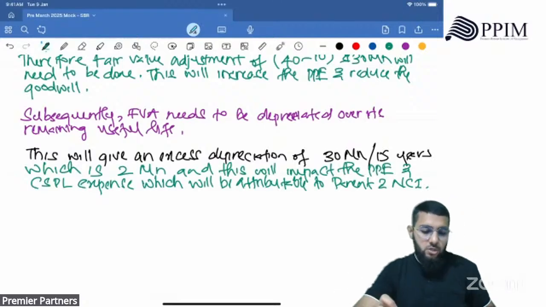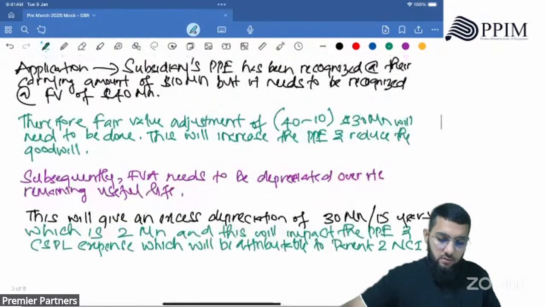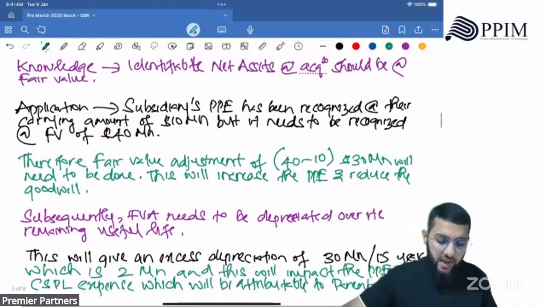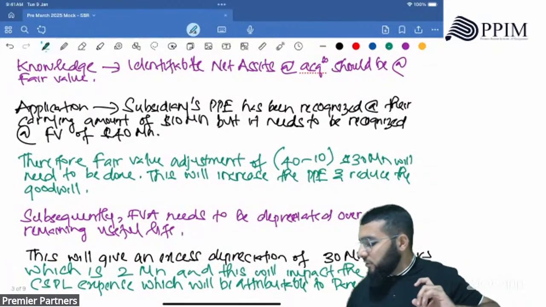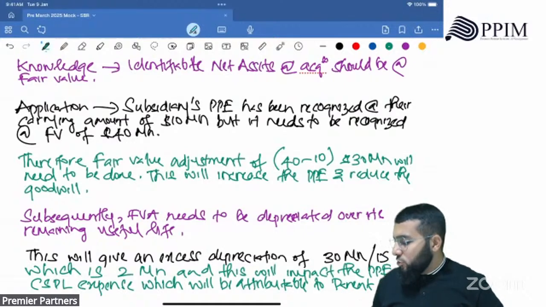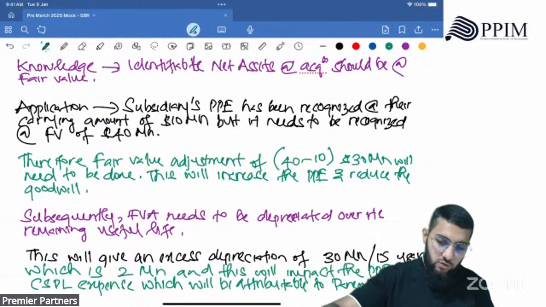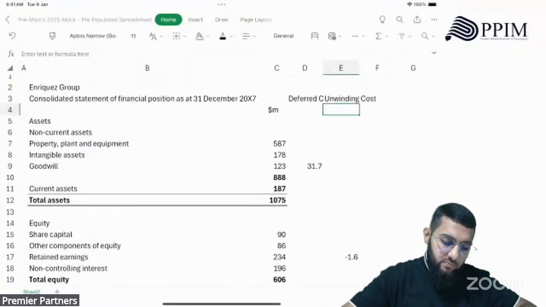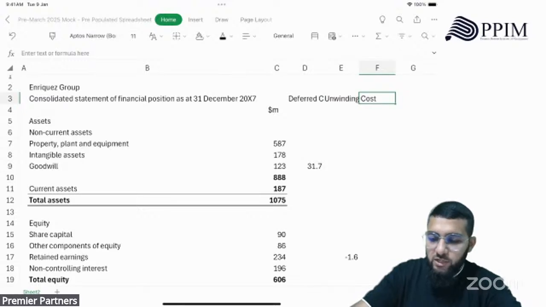So now we know that 2 million is the excess depreciation on the fair value adjustment. That's issue number 2. It brings us 2 areas to focus on in our consolidated statement of financial position. We have more corrections to be made.